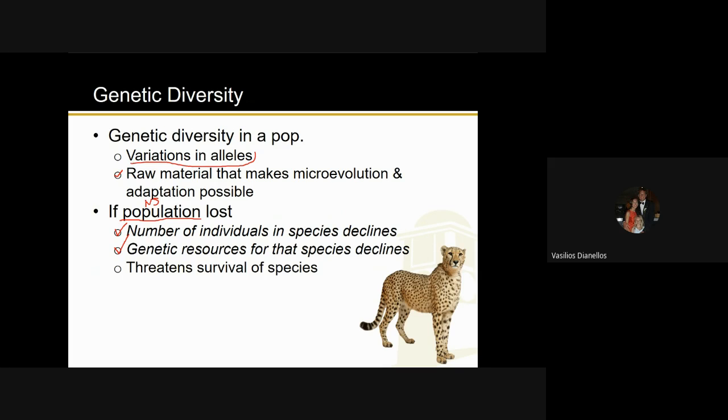You could look at the West Virginia squirrels versus the Florida squirrels and their genomes and say, yeah, I can tell they're the same species, but they're also separate populations because they probably have slightly different genetic resources. And that's a very bad thing because once you lose genetic resources, that threatens the survival of the species.